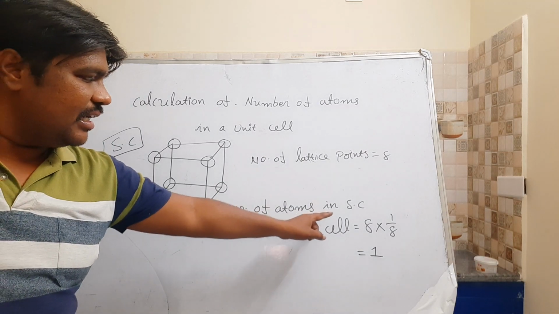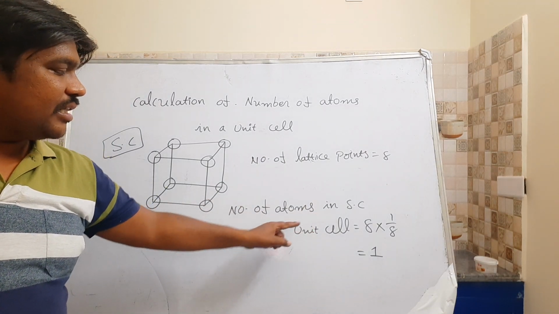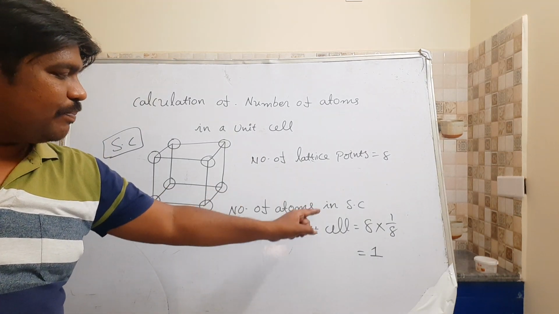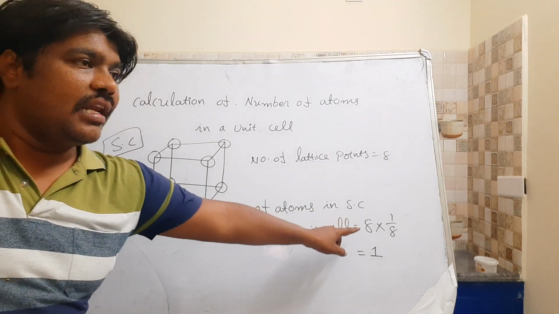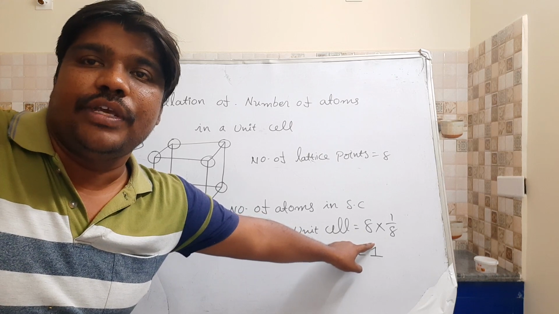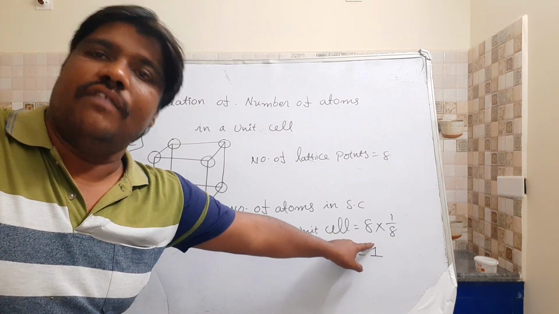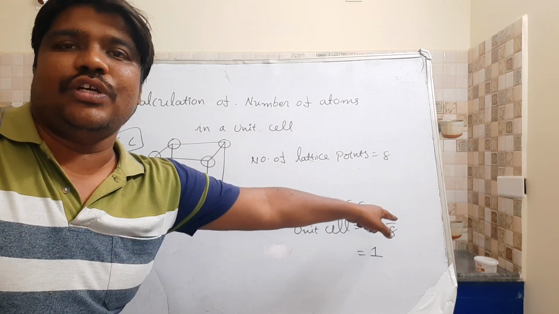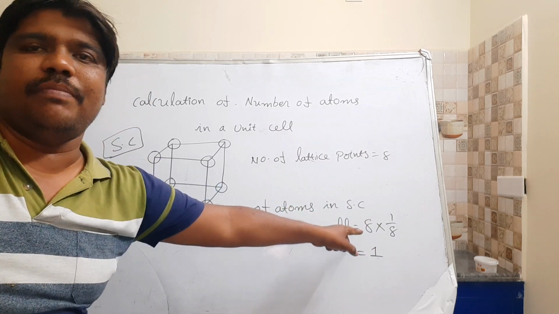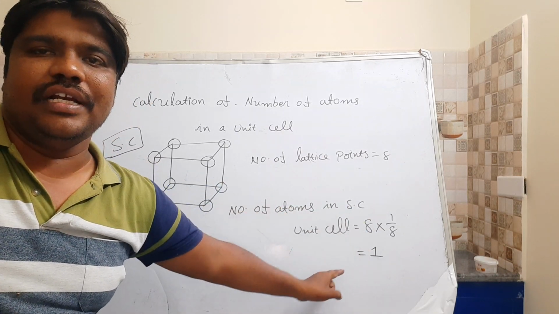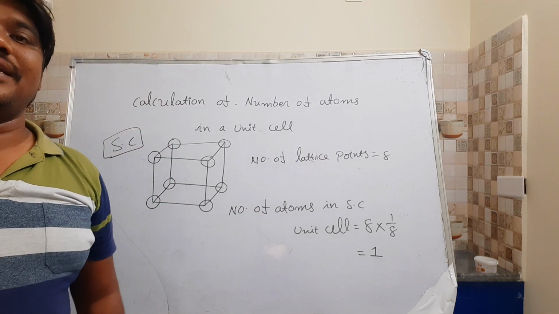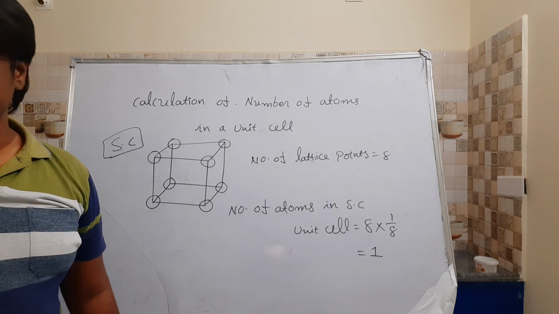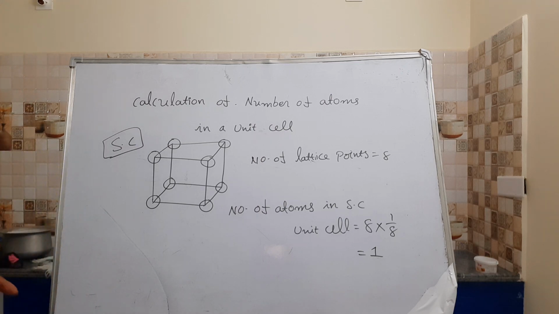That's why we are calculating the number of atoms per unit cell. For a single unit cell, the number of lattice points in a simple cubic unit cell is 8, all at corners, and each contribution is 1 by 8. 8 into 1 by 8 gives the total number of atoms, that is only one atom in a simple cubic unit cell. That's it. Now I am taking what?